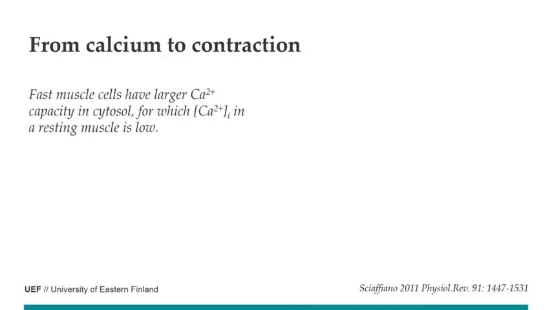Well, these fast muscle cells now also have far higher calcium capacity in the cytosol. So the free calcium is very low because it's bound to some other molecules in the cytosol. So that's why they have this capacity. But they compensate for it by having a huge calcium release.